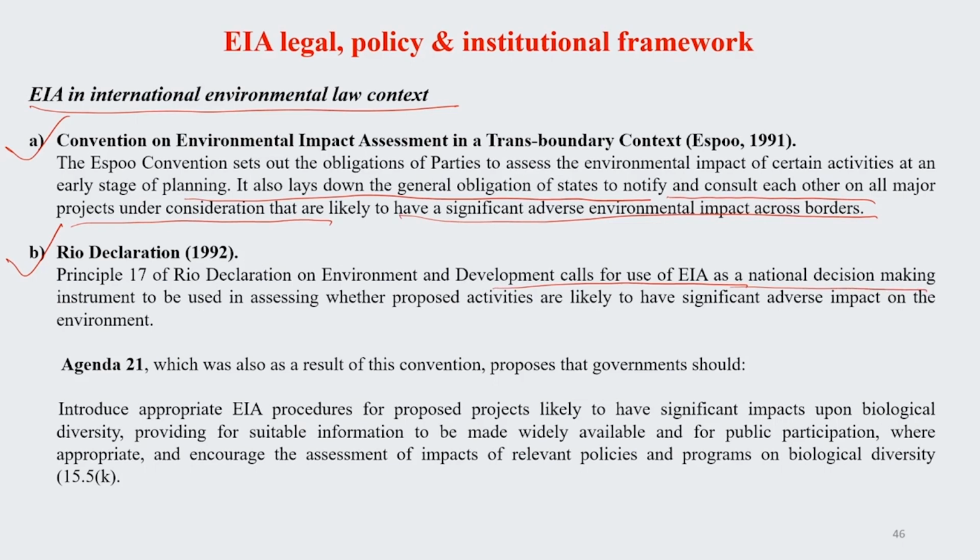In 1992, it was decided that environment impact assessment analysis has to be carried out by every country, and EIA will be used in assessing whether any proposed project is likely to have a significant adverse impact on the environment or not. So see, 1992, almost 30 years back, this was already brought into effect.